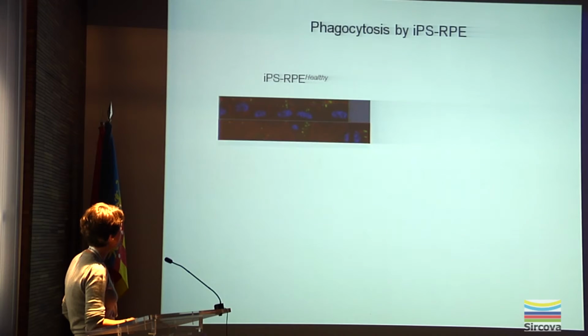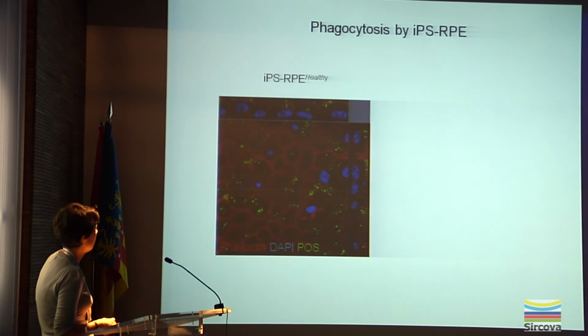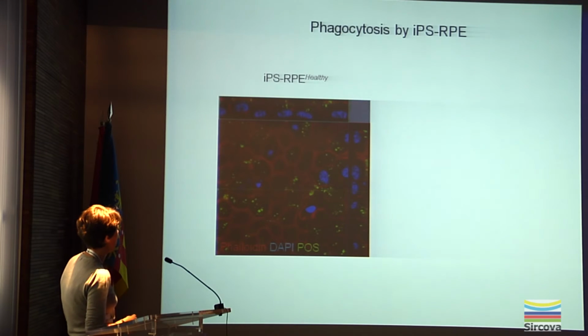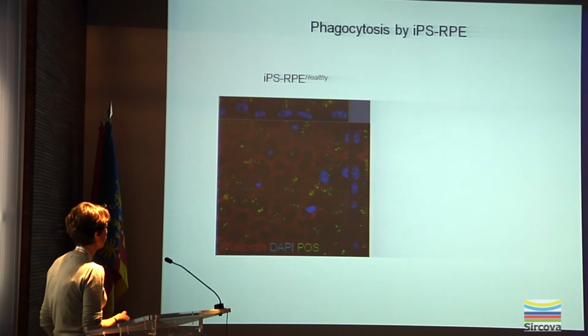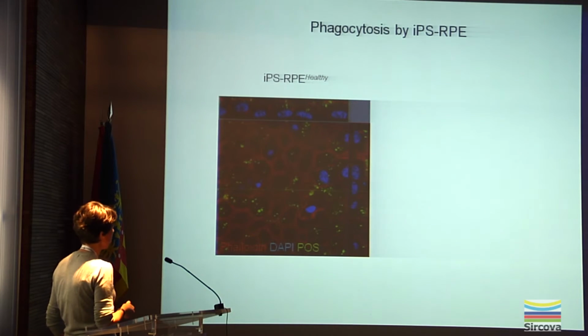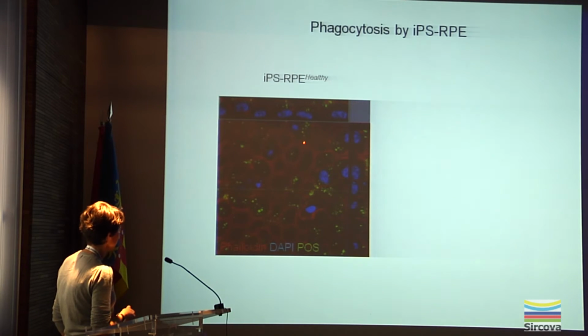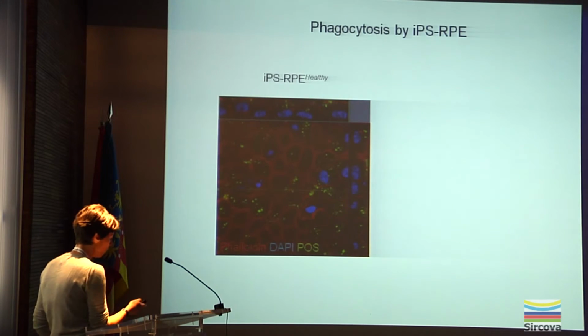In the case of the healthy individual, we are able to observe that the RPE monolayer is absolutely capable of phagocytosis. This is confocal microscopy in the basolateral section. You can see that the fluorescence is present inside the cells. This is a vertical section, so you can see that the fluorescence is really inside the cells.